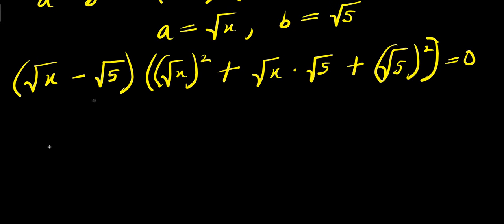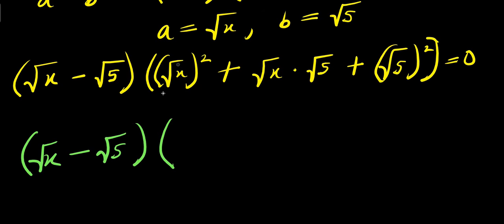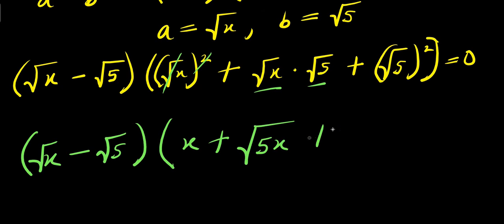So right now, we are going to have root x minus root 5 times, this cancels this, we have x plus root x times root 5. This is root 5x plus, this cancels this, we have 5, and this equals 0.